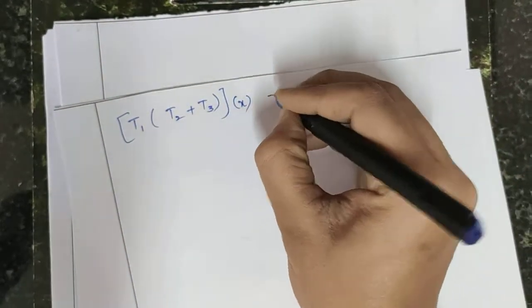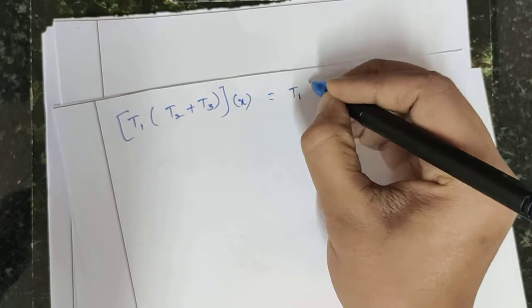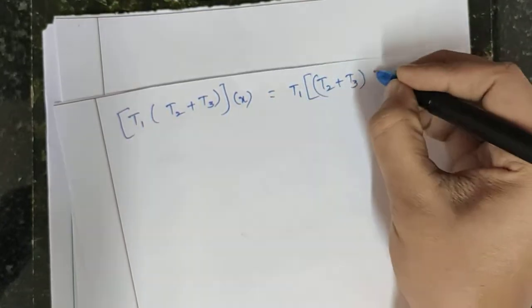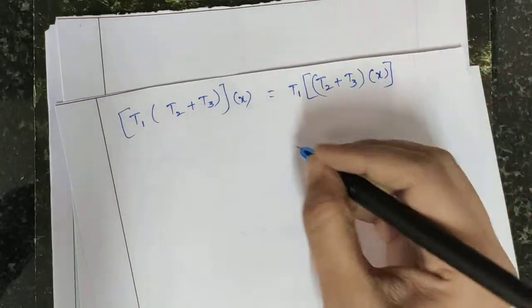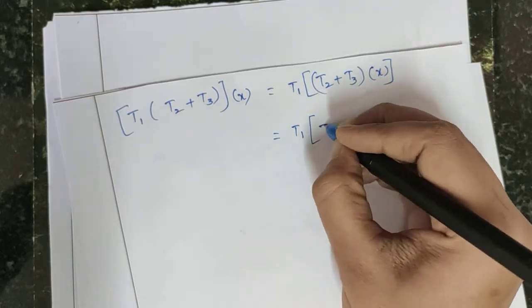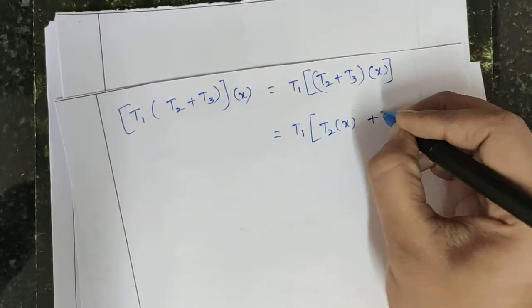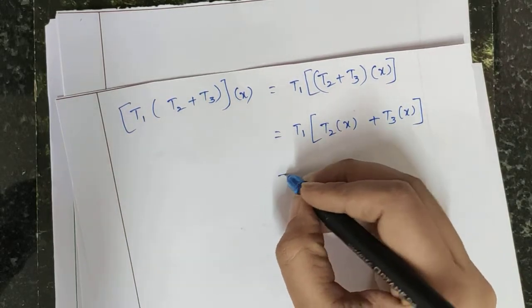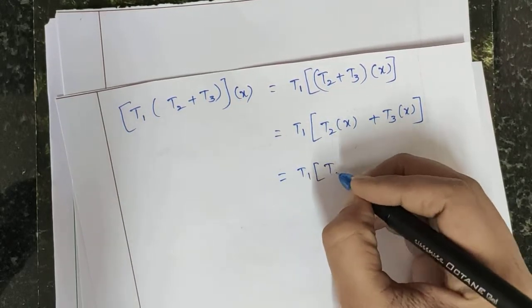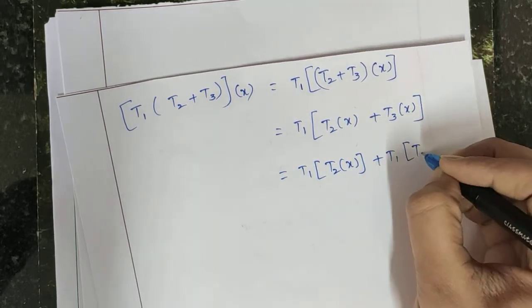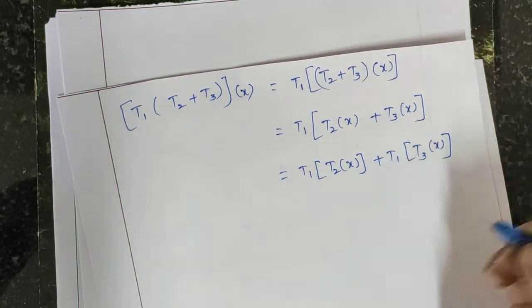So this will be equal to, we can write this as T1 into (T2 plus T3) of x. Now I will retain T1 as it is, T2 of x plus T3 of x. So now this is nothing but T1 into T2 of x plus T1 into T3 of x.